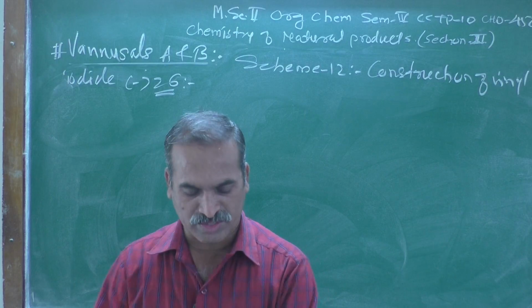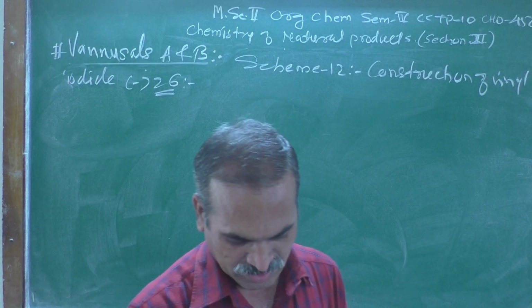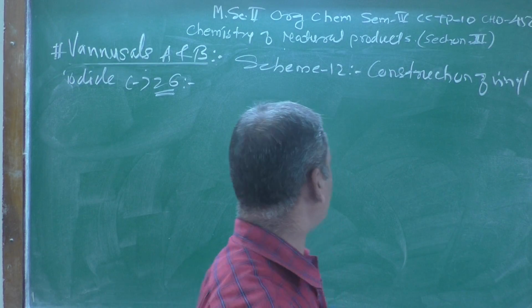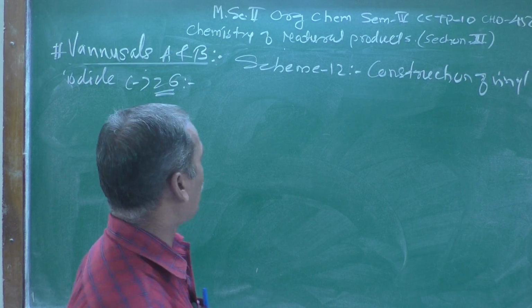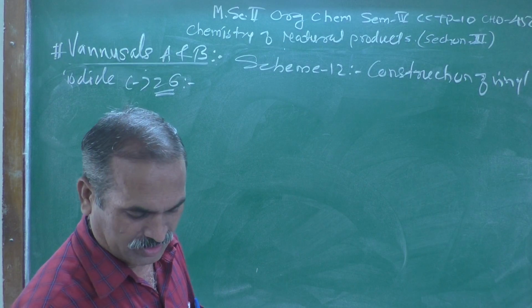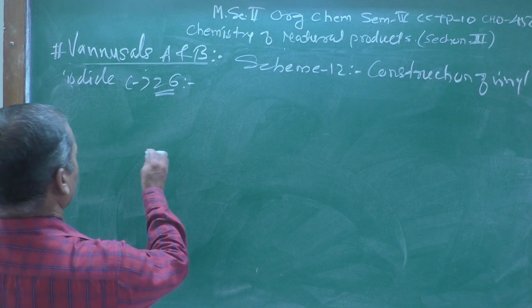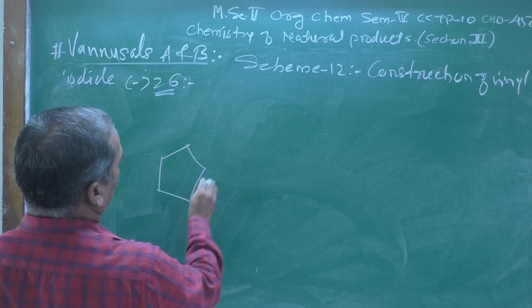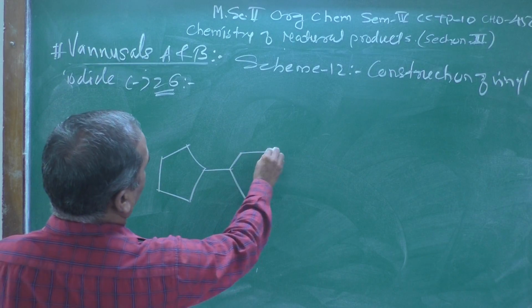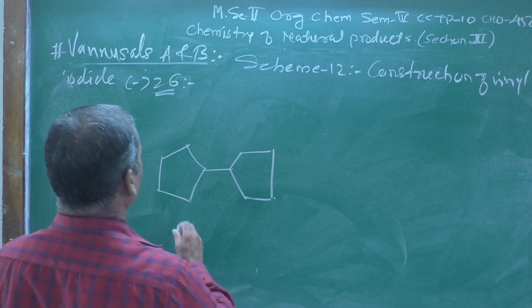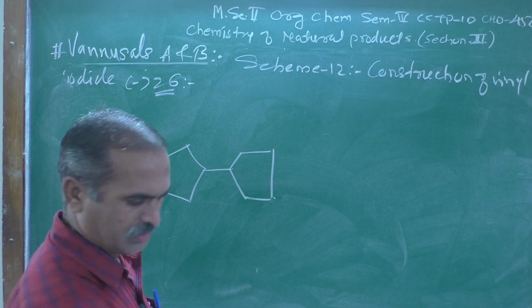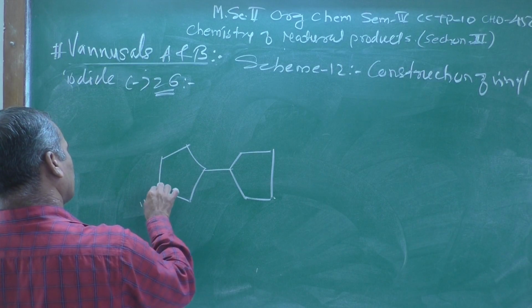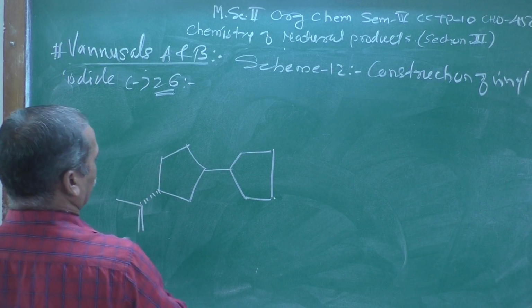We are trying to synthesize this compound starting from the different. Let us see over here. The compound which I am going to show here, starting with that, this is a structure which I am representing here. You can observe carefully like this. Here the group which is attached over here is this one.